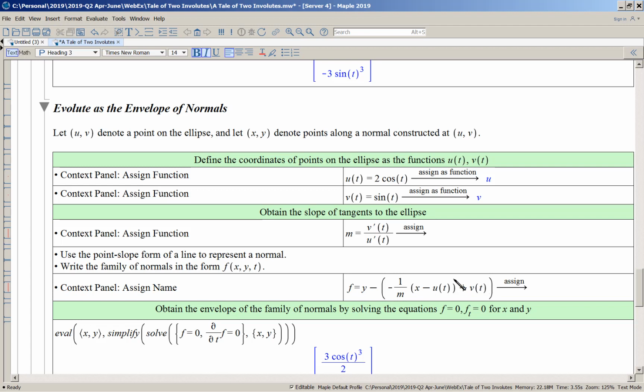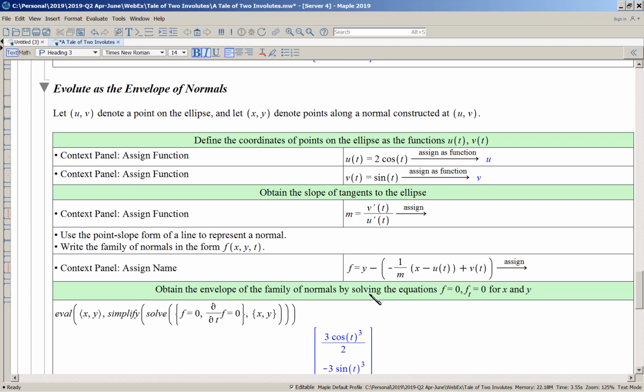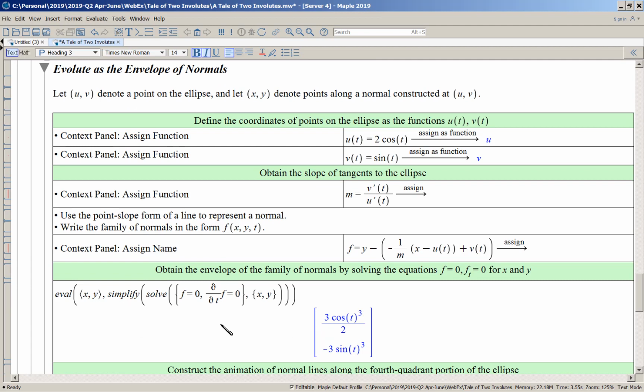And this represents the family of normals. Now, to get an envelope of a family, you solve simultaneously two equations: set f equal to 0, and the derivative with respect to the parameter equal to 0. And so I solved for x and y.